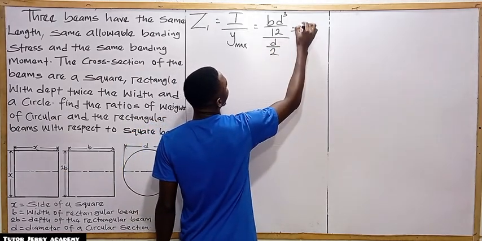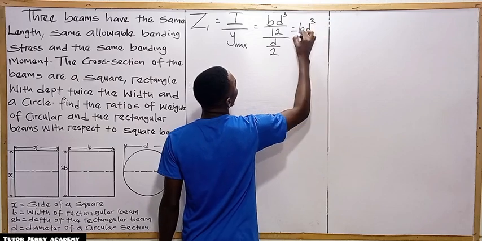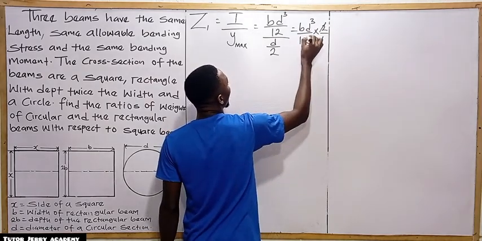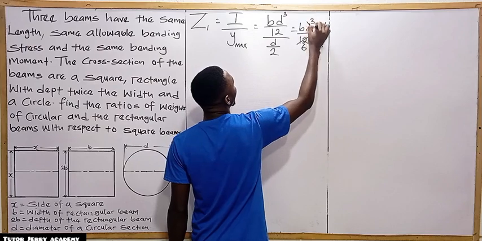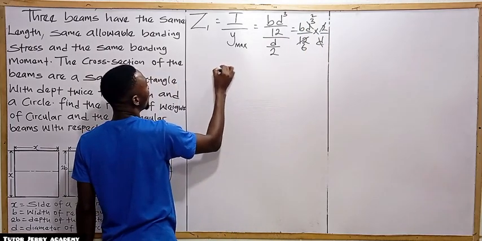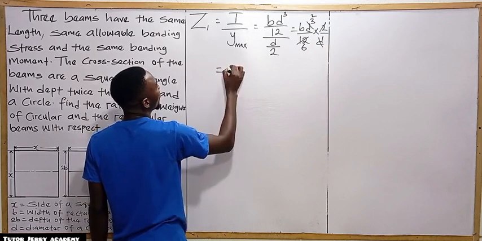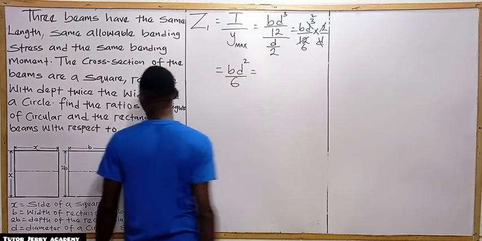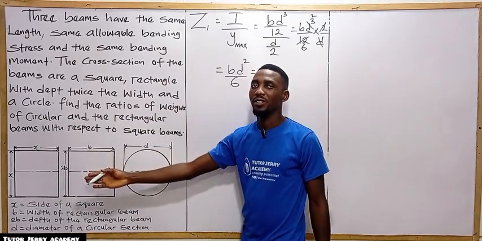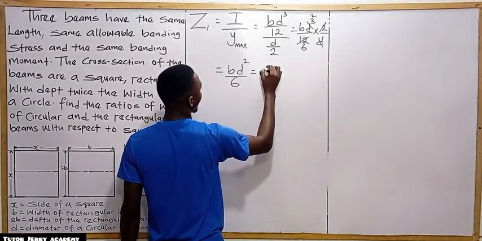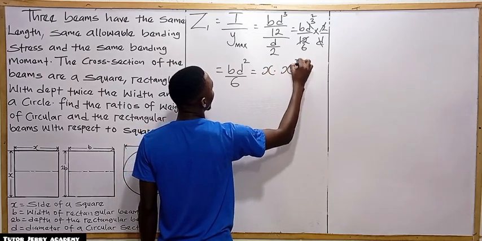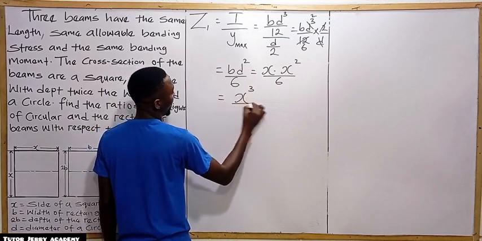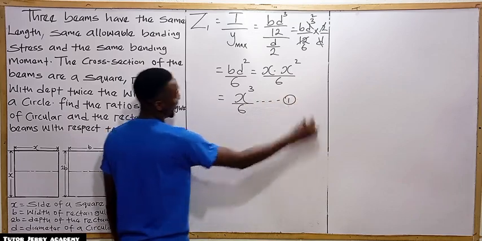So this will be equal to bd cubed over 12 multiplied by 2 over d. 2 here 1, 2 here 6, d here 1, d here 2. So this will be equal to bd squared over 6. We know that the base and the depth is s. So it's going to be s multiplied by s squared divided by 6, which is s cubed divided by 6. So let's call this equation number 1.